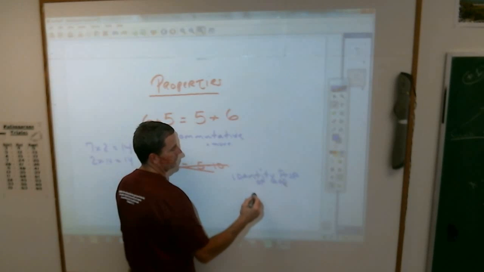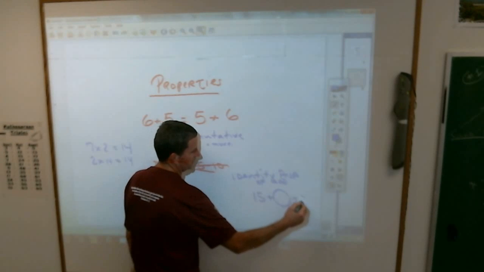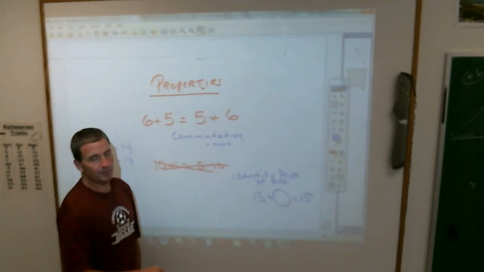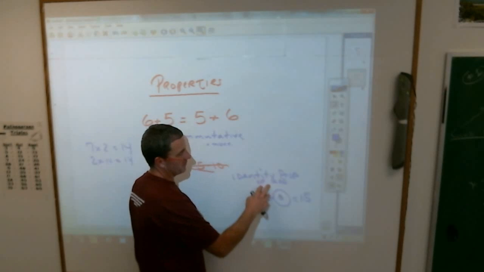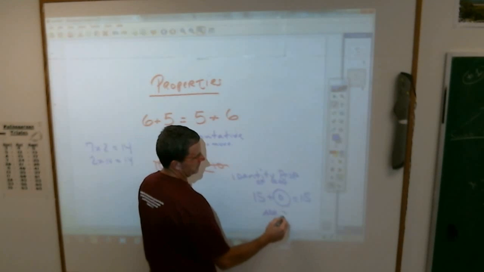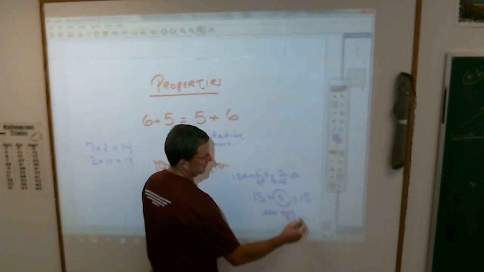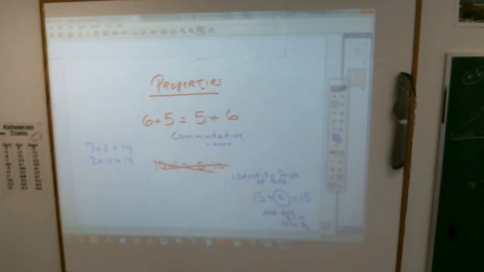Like, for example, 15 plus what gives you the same thing you started with? I know it's difficult. Maybe you think, Amelia, what is it? 0. Yeah. The identity property of addition just simply says that adding 0 gives you the same thing. That is the identity property of addition.